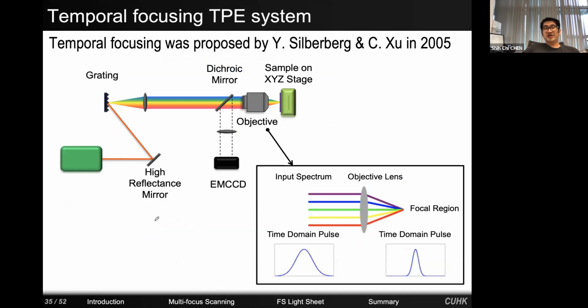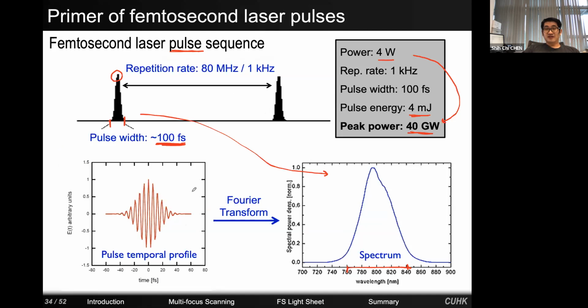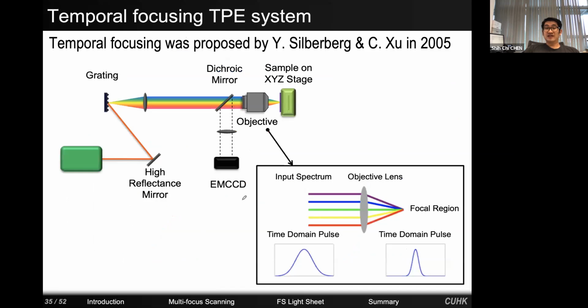So the light sheet generation method is inspired by exploiting the wide spectrum characteristic of a femtosecond laser. To generate a light sheet, a femtosecond laser is brought to a grating. When the laser sees a grating, meaning one-dimensional periodic structures, the colors disperse.